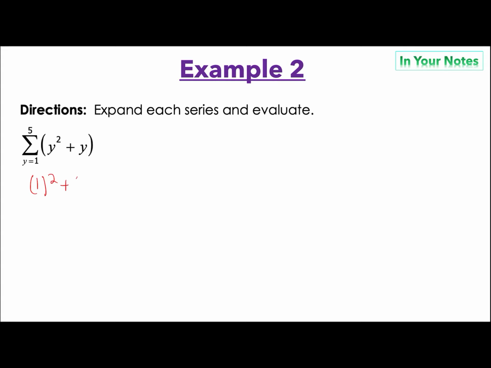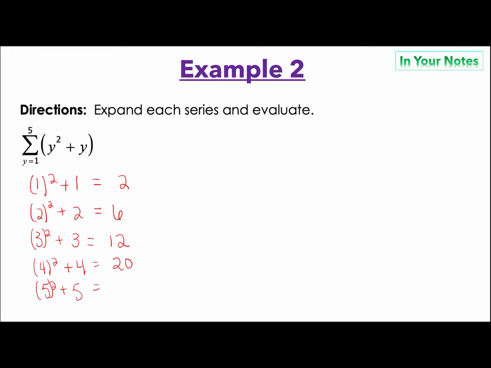So 1 squared plus 1, then 2 squared plus 2, 3 squared plus 3, 4 squared plus 4, and then 5 squared plus 5. 1 squared plus 1 is 2, 2 squared is 4, plus 2 is 6, 3 squared is 9, plus 3 is 12, 4 squared is 16, plus 4 is 20, 5 squared is 25, plus 5 is 30.